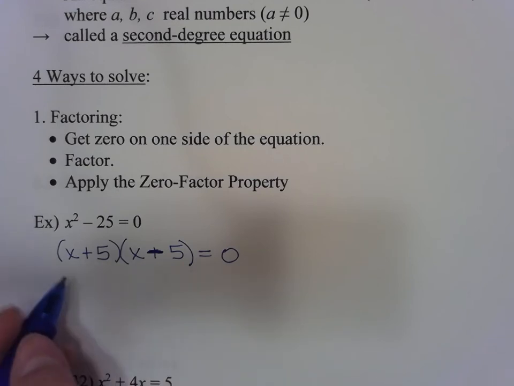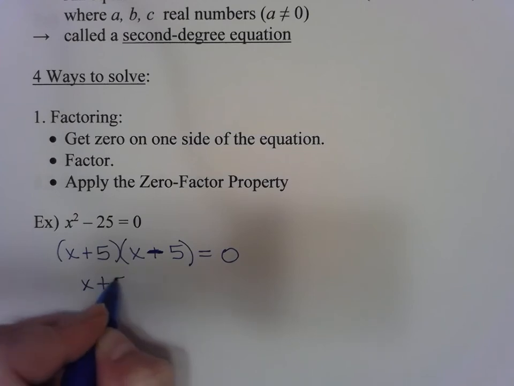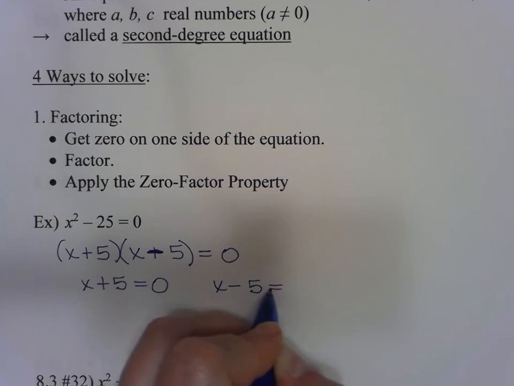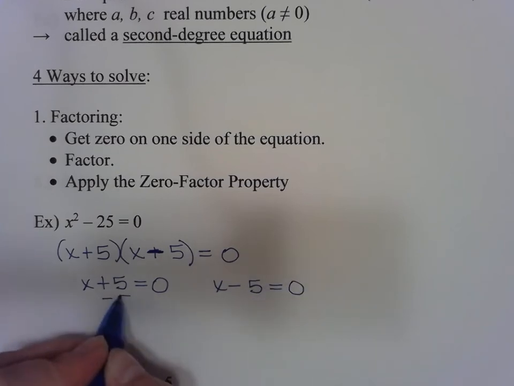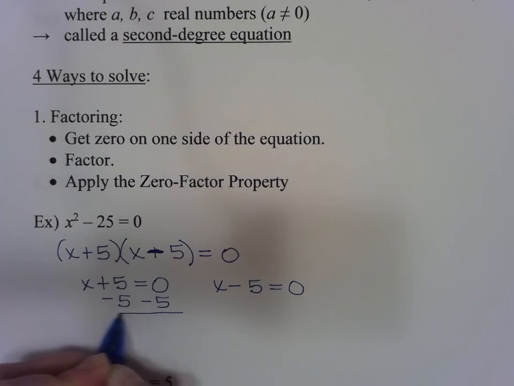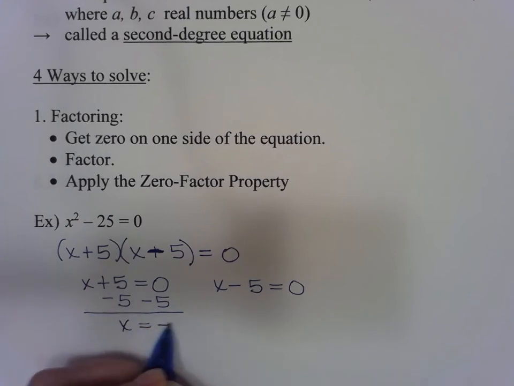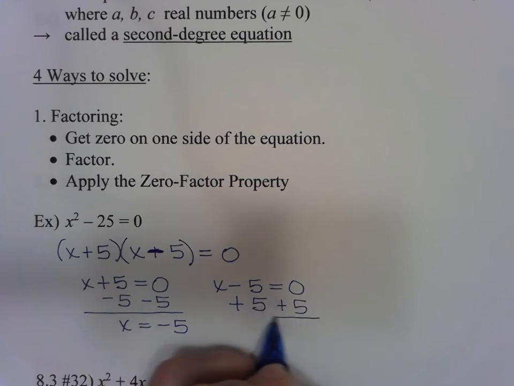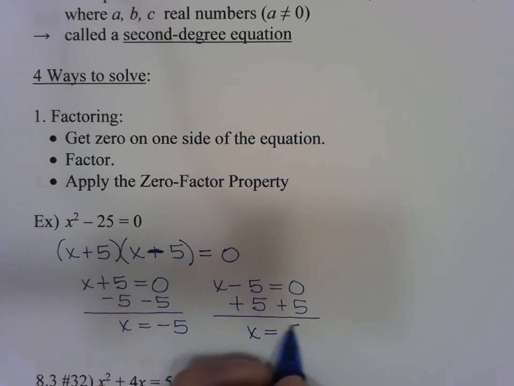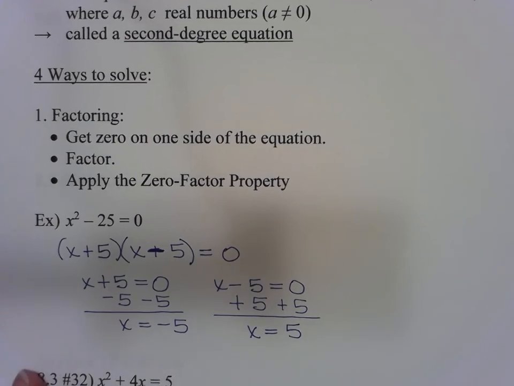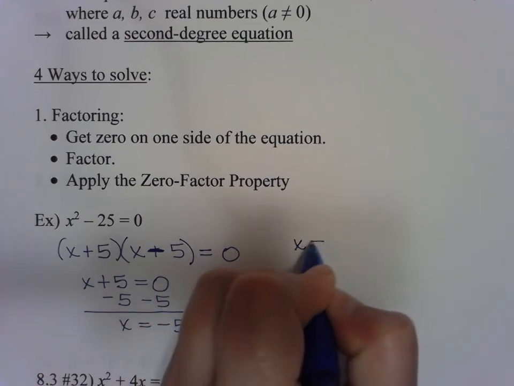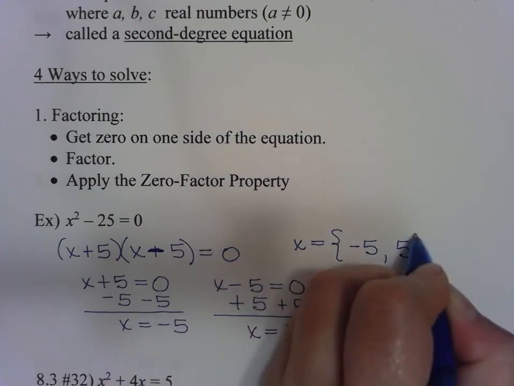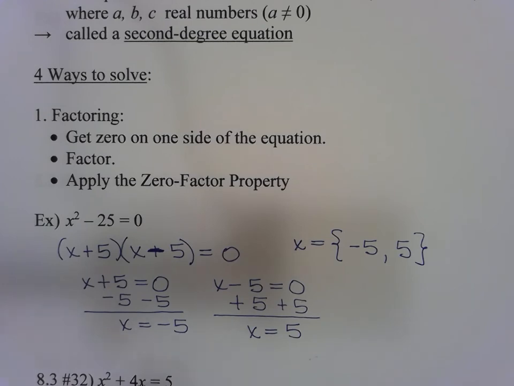And then once I've done my factoring, I'm going to set each part equal to 0 and solve each of those. And that's going to give me 2 answers this time. If you want to be really fancy, you can write them in the squiggly brackets. So -5 and +5 are my 2 answers.